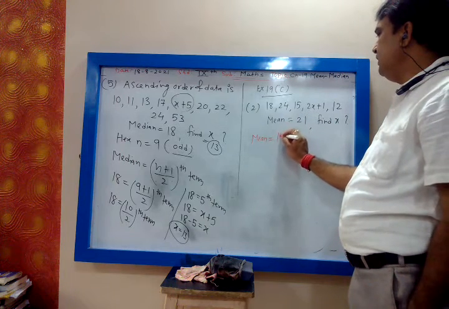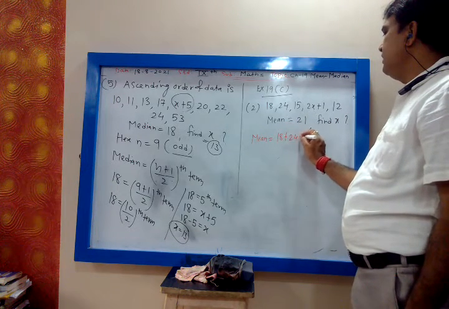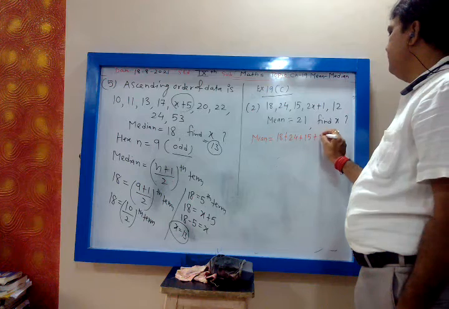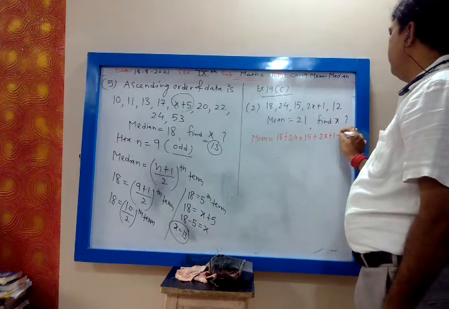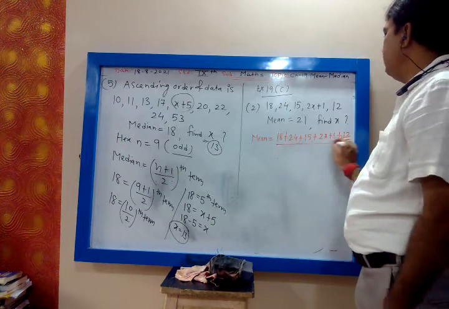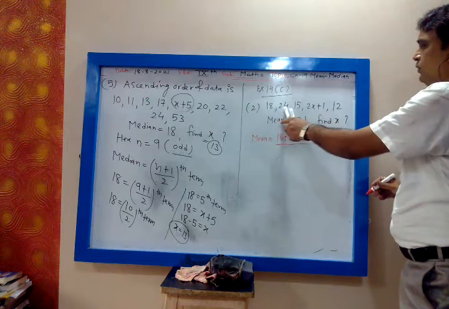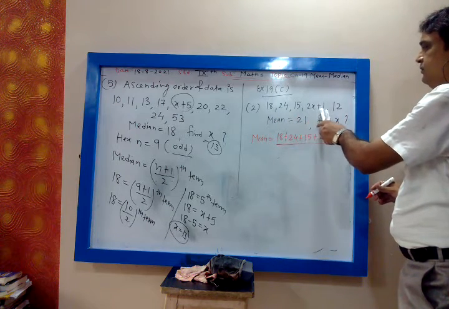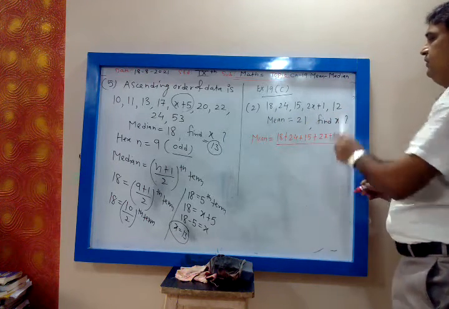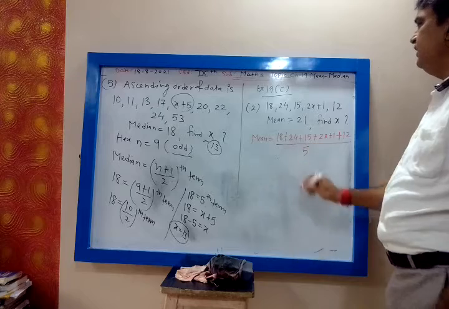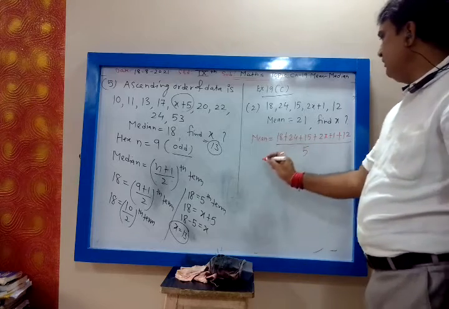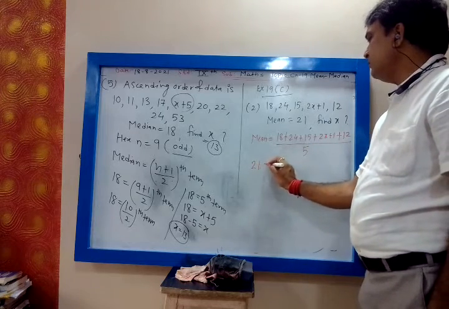So that is 18 plus 24 plus 15 plus 2x plus 1 plus 12 divided by how many values are given? 1, 2, 3, 4. 2x plus 1 is one value. 4, 5. So divide by 5. Mean value is given 21.